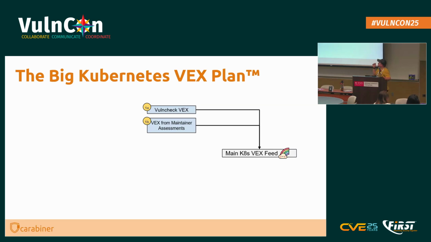That's the first one. And the other is just experience from the maintainer. If there is a vulnerability that the maintainers are sure doesn't affect the project, we want them to be able to issue their assessments as well. So that's Go vuln check and the maintainers. And the second feed is the VEX from the Kubernetes security advisories.